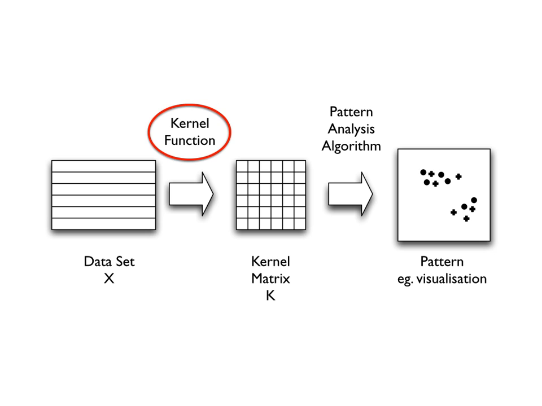So it gets rid of the dimensionality of the data. And each cell inside the kernel matrix you can think of as a sort of similarity between data points. So each cell is derived by calling a kernel function on two data points.